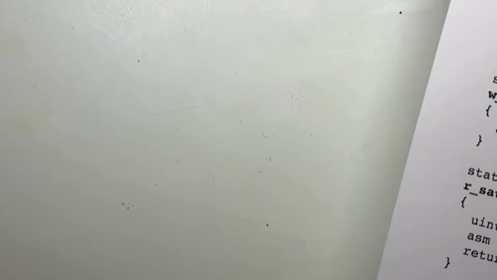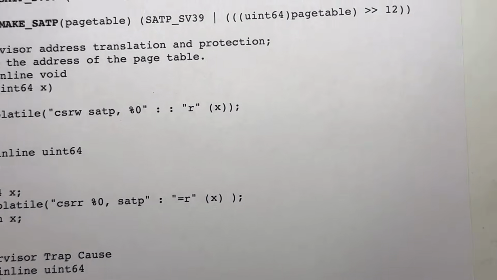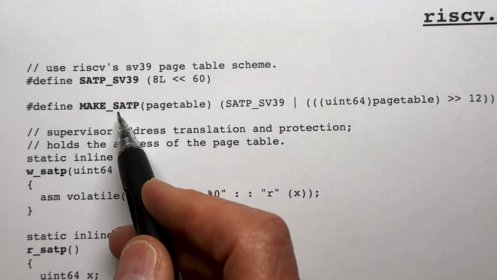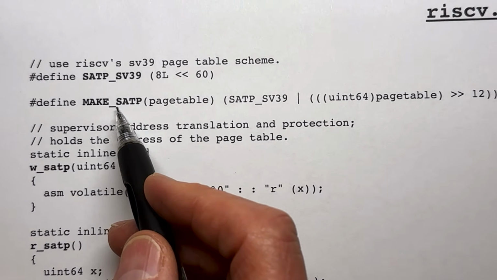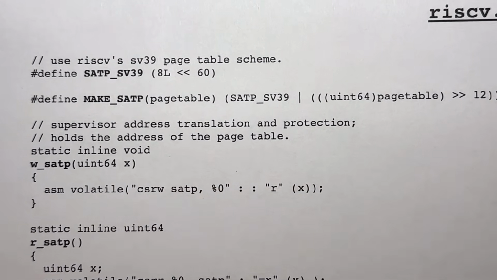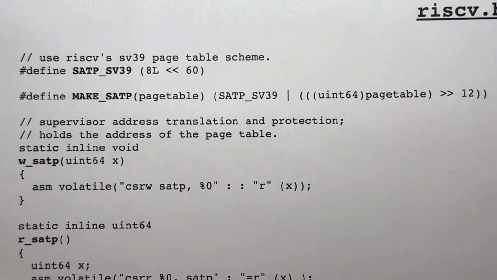We've also got a few other definitions of bit fields sprinkled in amongst the read and write functions. Also, let's look at this function, make SATP. In my summary video, I sort of suggested that the SATP register contained the address of the root node of the page table tree.